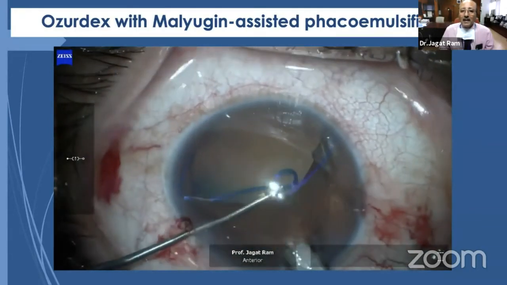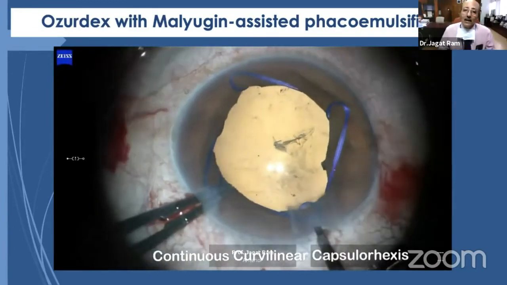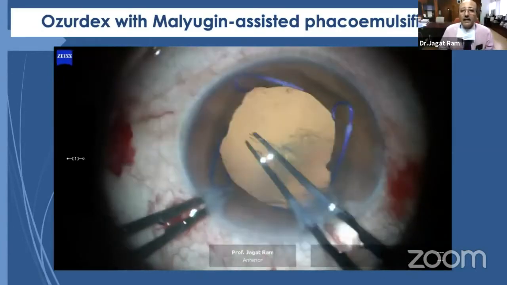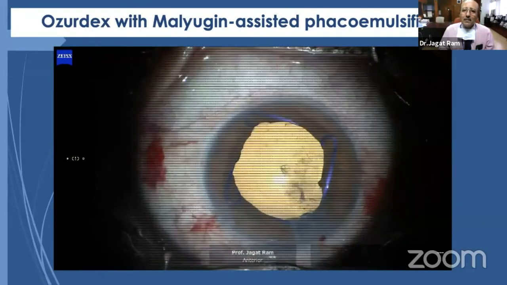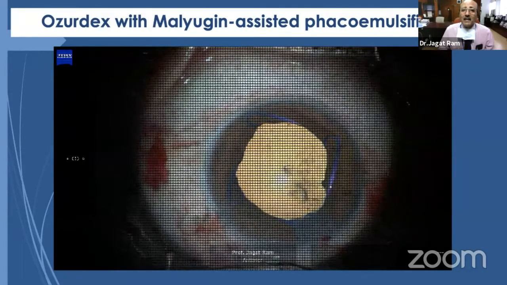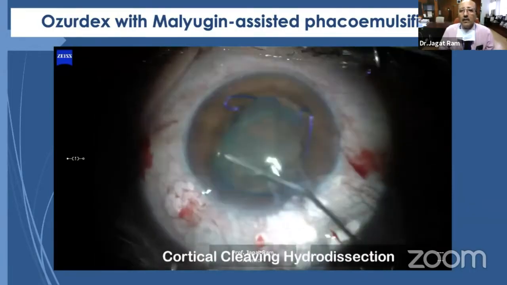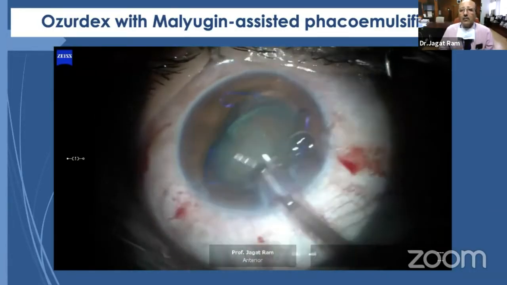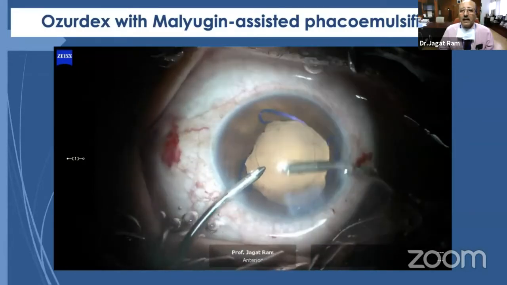And most of the time, whether you put a Malyugin ring or Bhattacharjee ring, we can achieve adequate dilatation of the pupil. Then surgery may not be difficult. Most of the time, it may be a soft cataract, as in this case, and you remove the nucleus, and you remove the cortex, and there should be no cortex left in the capsular bag.